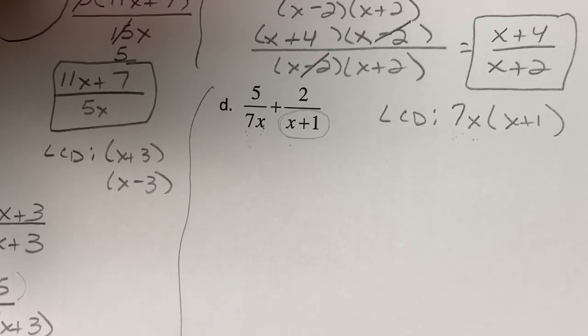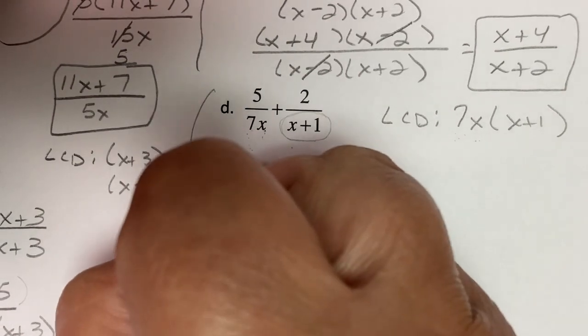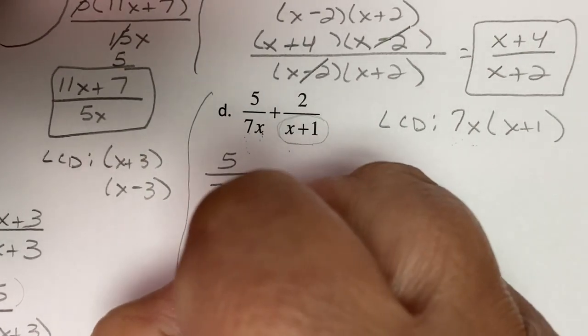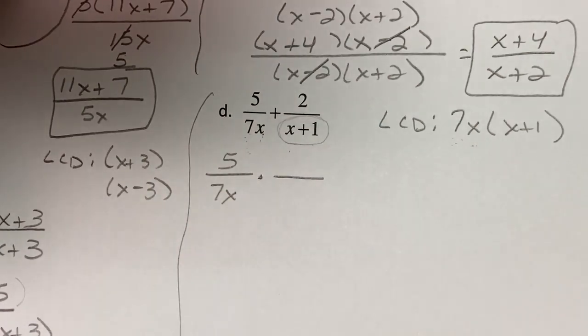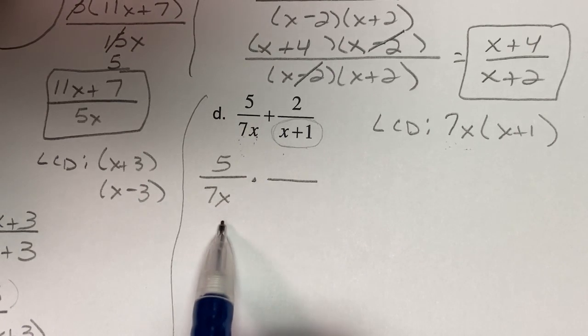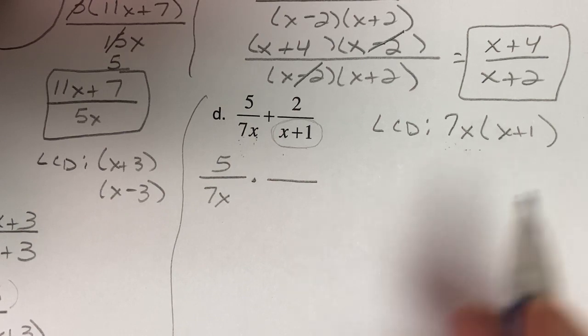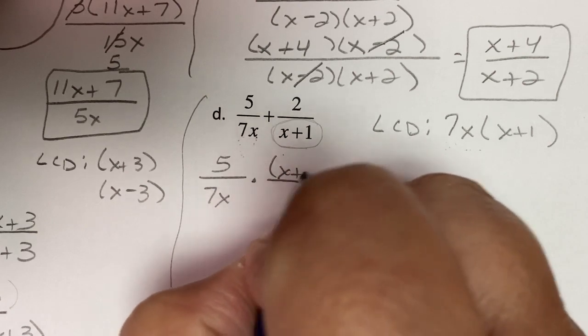All right, so now our job is to get both of the fractions so they're over that lowest common denominator. So we're going to take the first fraction and we're going to rewrite it. Look at the denominator. Look at my lowest common denominator that I want it to be. What am I missing? What needs to be multiplied in there? Well, you can see I need an x plus 1.